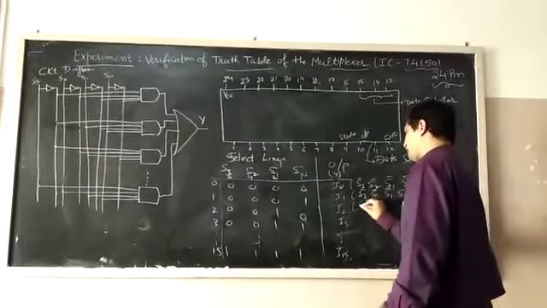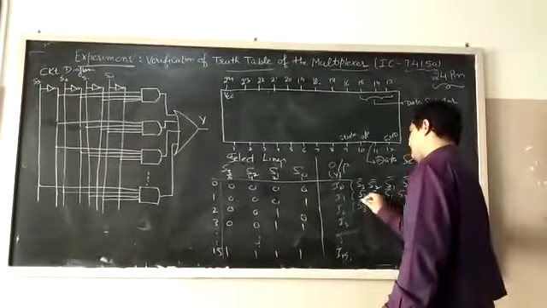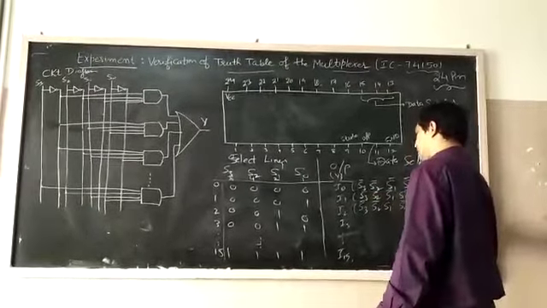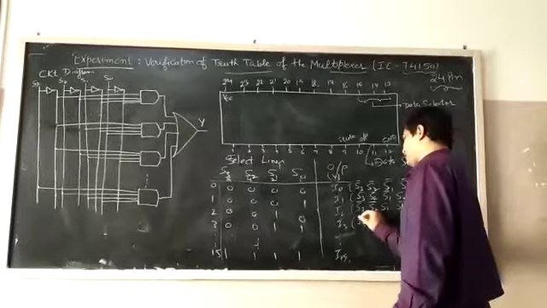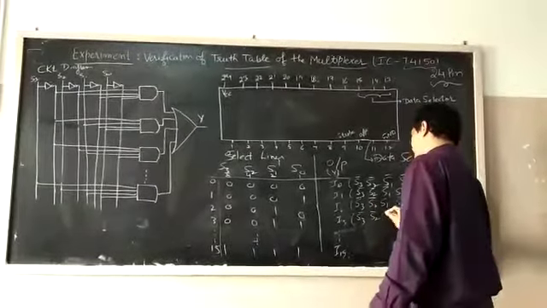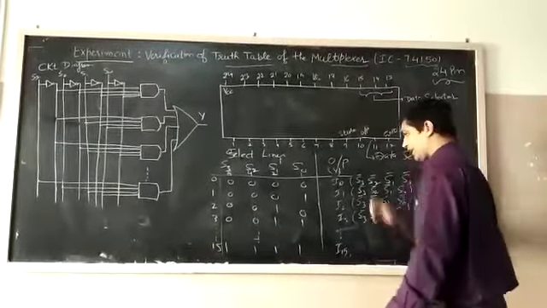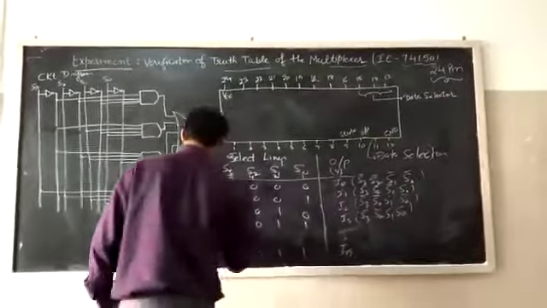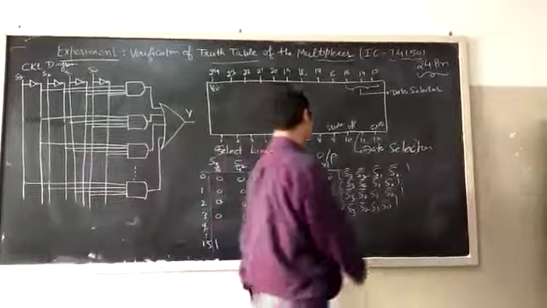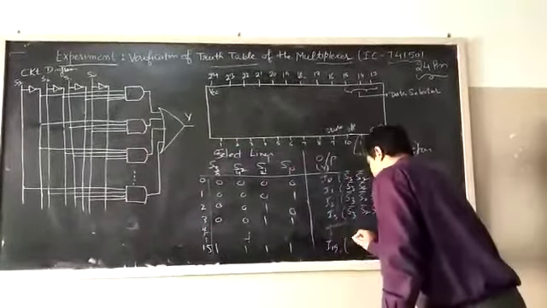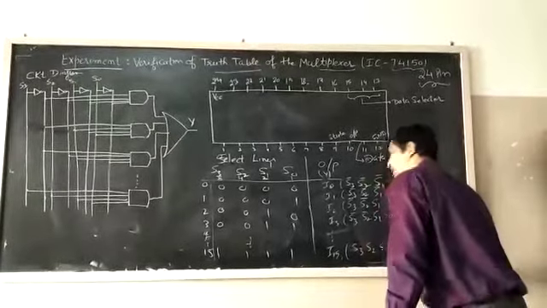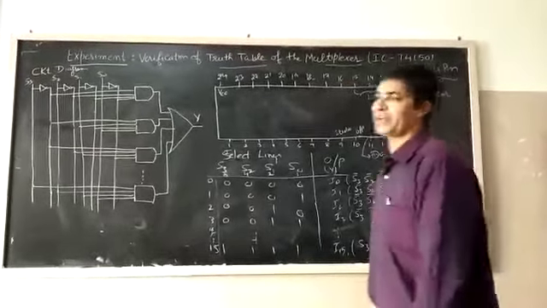For I2, there will be S3 bar, S2 bar, S1, S0 bar. For I3, there will be S3 bar, S2 bar, S1, S0. Similarly, you can go for 4, 5 up to 14. For I15, you will get S3, S2, S1, S0.